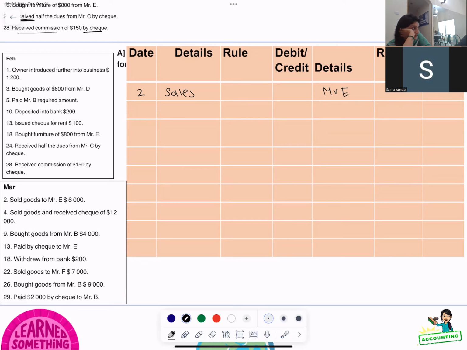Sales, you talk about in or out. These are transactions related to goods. Purchase is an expense, debit. Sales is income, credit.